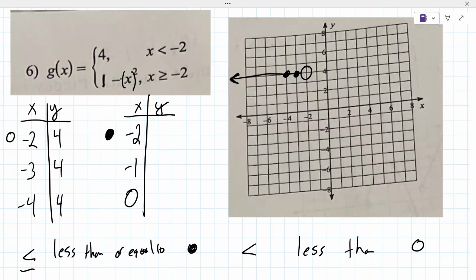That's going to be a -4. That is not correct. So try again. So a -2 squared.